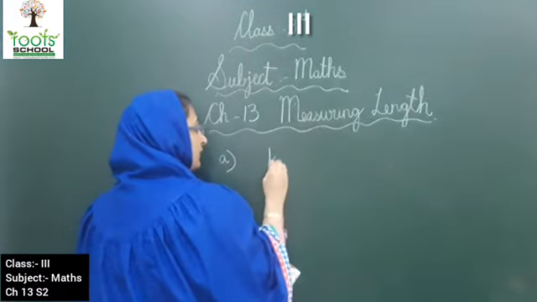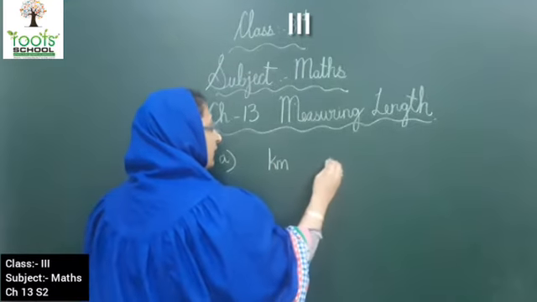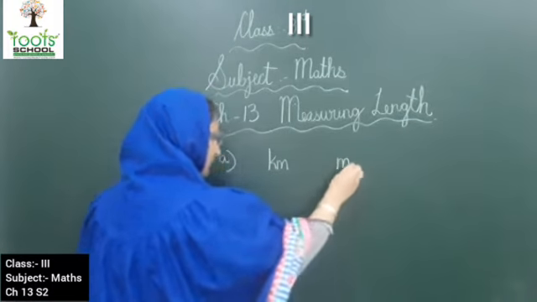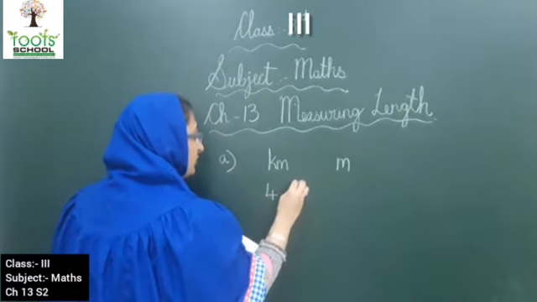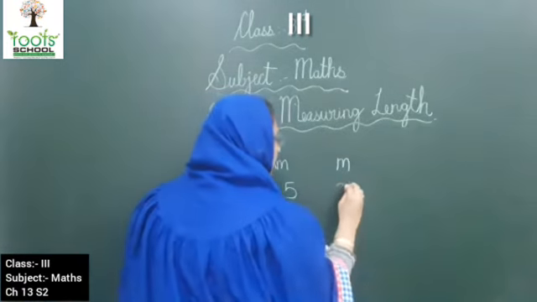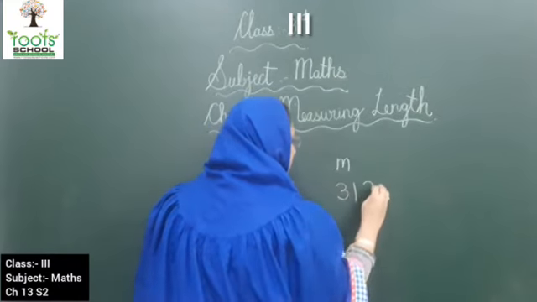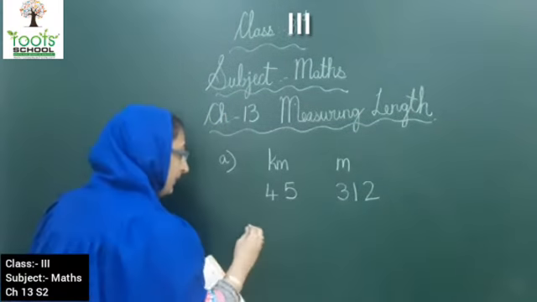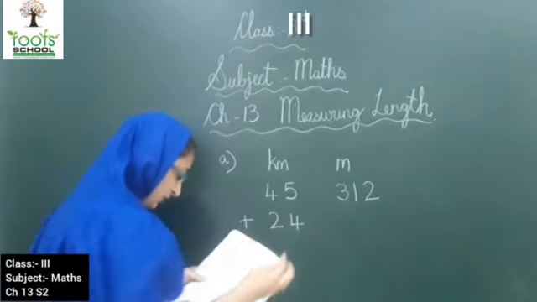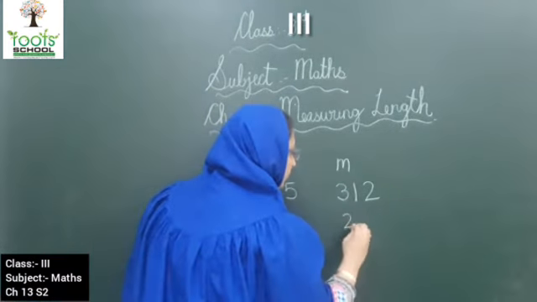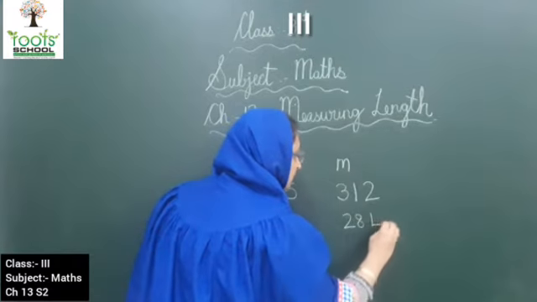You have to add the kilometer and the meter. It is 45 kilometer, 312 meter plus 24 kilometer and 284 meter.